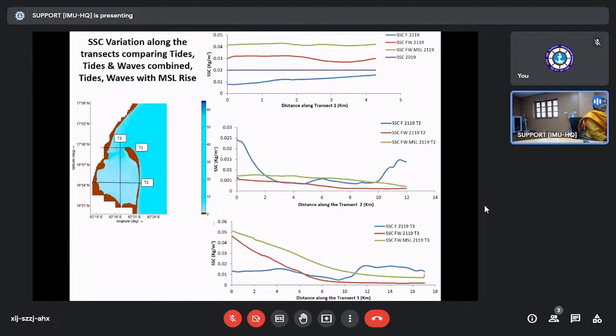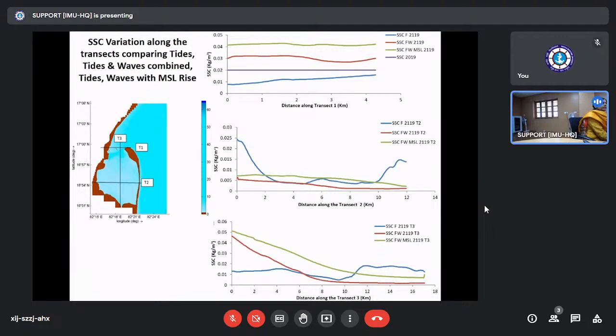For tides alone, sediment concentration at the top of the bay has reduced, while for the flow and tides coupled model, the sediment concentration is increasing, which shows that with the inclusion of waves, the longshore sediment transport is bringing sediments to the mouth of the bay, hence sediment concentration is increasing.